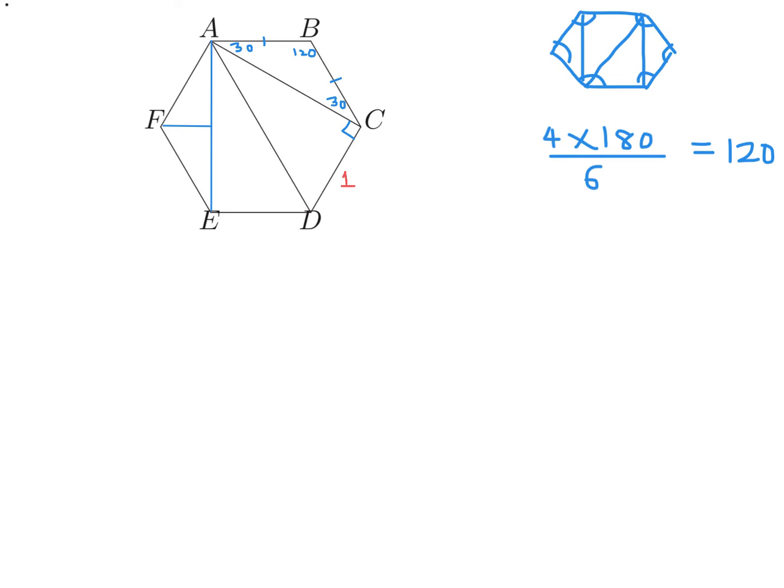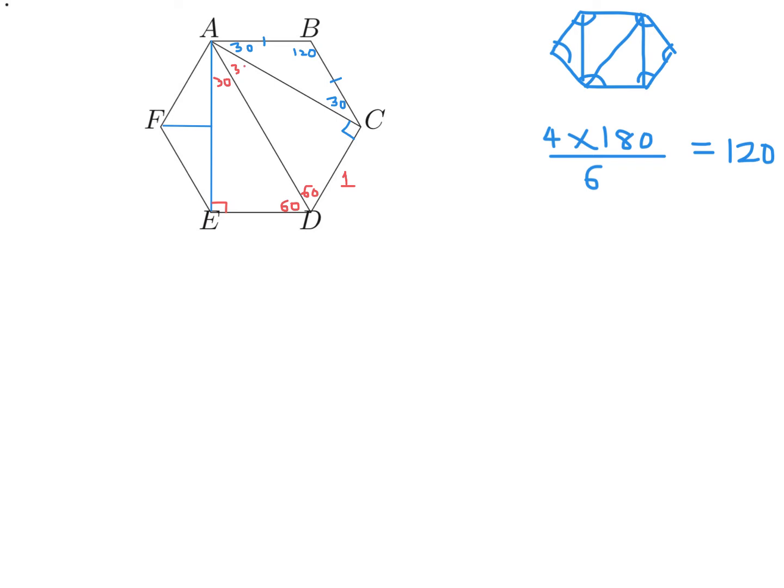Now, if this is 120 right here, then that line from D to A cuts that angle in half. So that means each of these is 60, this 60, and that's 60. And then this is a right angle, and therefore this is 30.